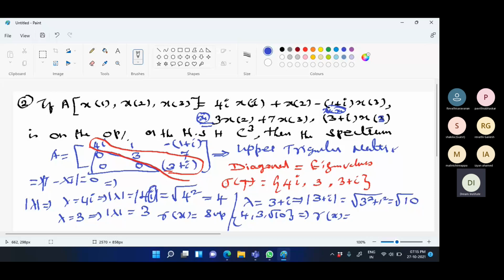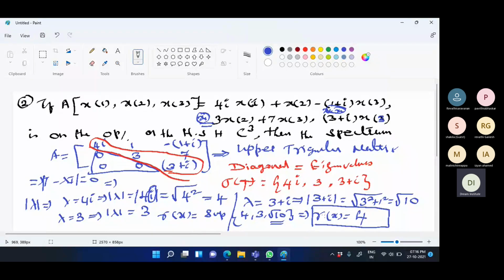They are asking for the supremum of the modulus of lambda. Which one is bigger? 4 only is greater, because 4 is 4, 3 is 3, but root 10 is about 3.1. So 4 is the answer. The spectral radius is 4.